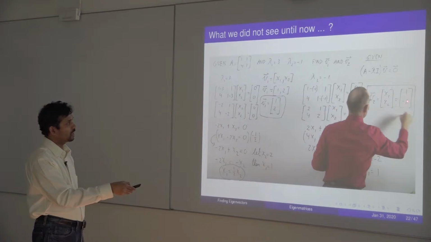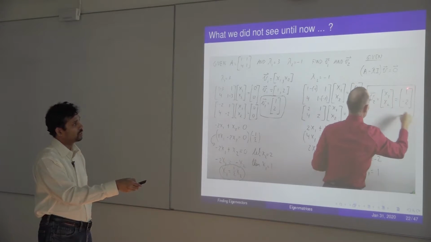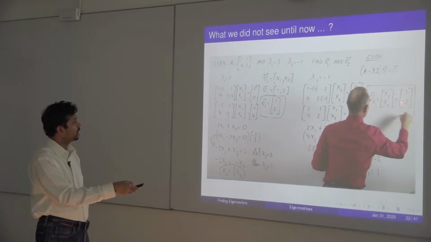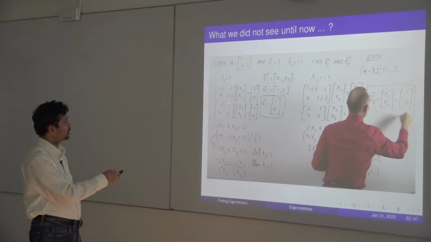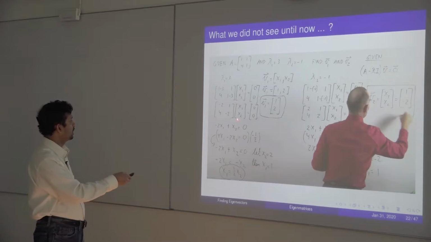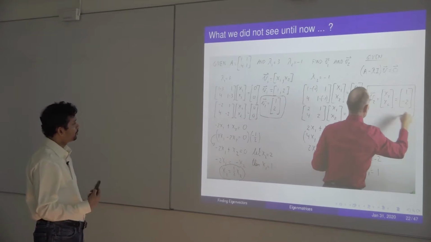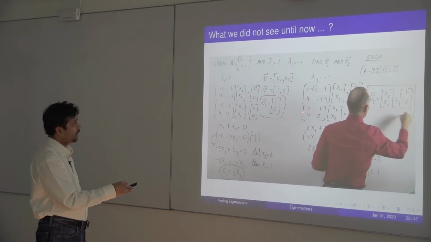And if you look at the other one, for example the eigenvector for lambda 2 equal -1, you can see it is 1, -2. It is already sitting there. So all these other steps are not necessary, because the eigenvector is sitting there. You can also see multiples of that.